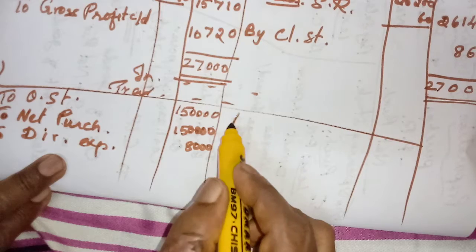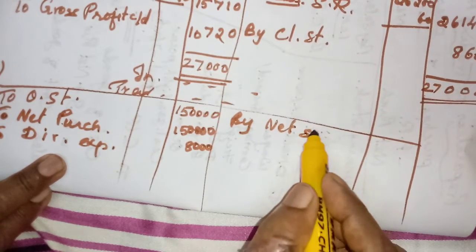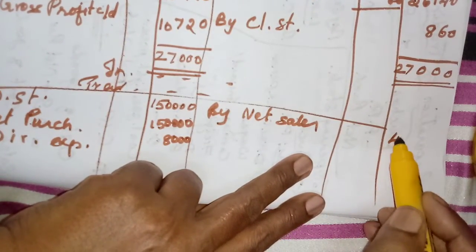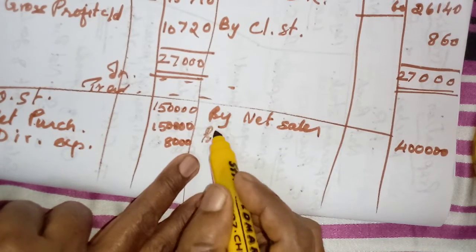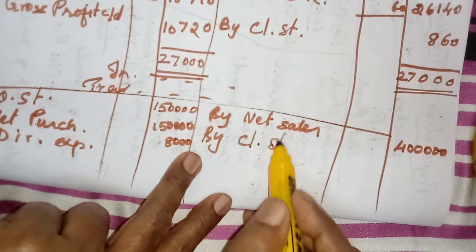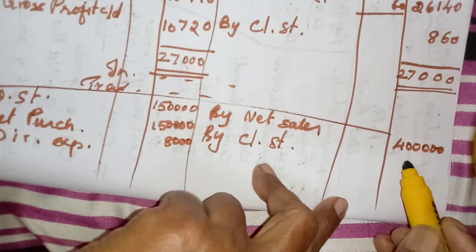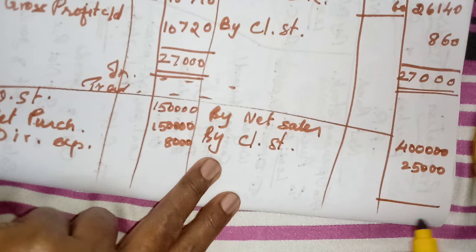Then by sales, what is given? Net sales 4 lakh. Then by closing stock 25,000. Easy one.